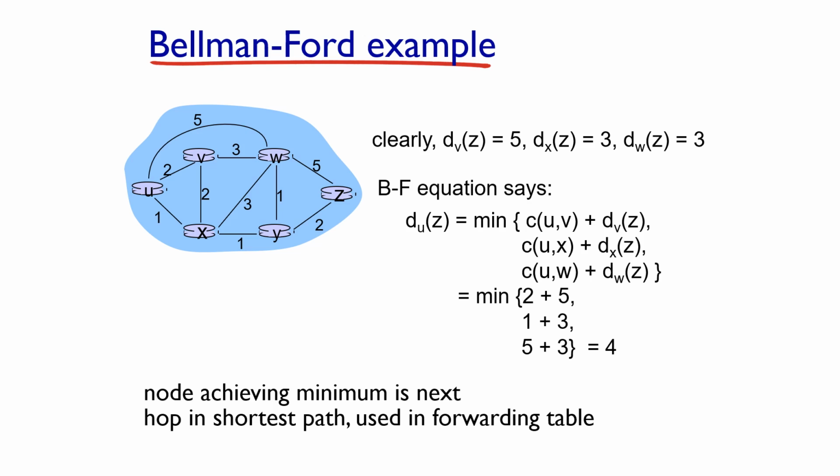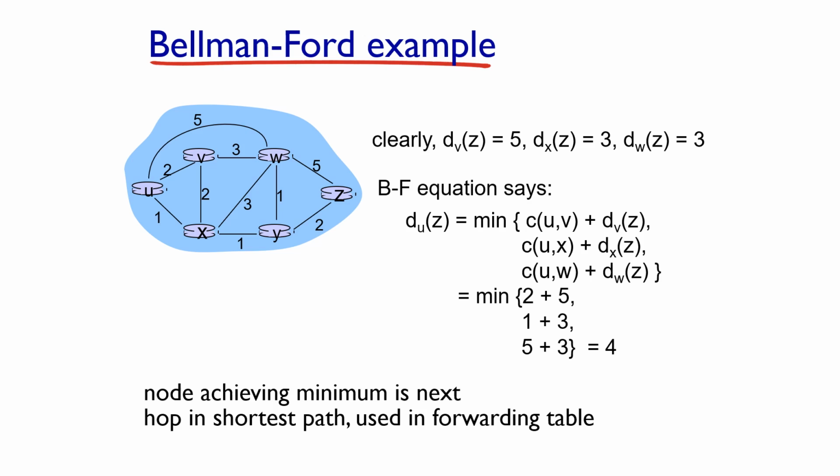to z. Then we consider all the neighbors of u: v, x, and w. From each neighbor to the final destination the cost is added. So c of u v plus the distance of v to z. Similarly, the cost of u to x plus the distance of x to z.